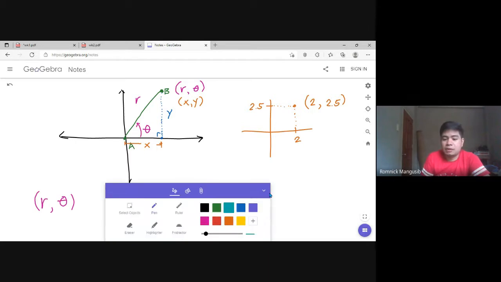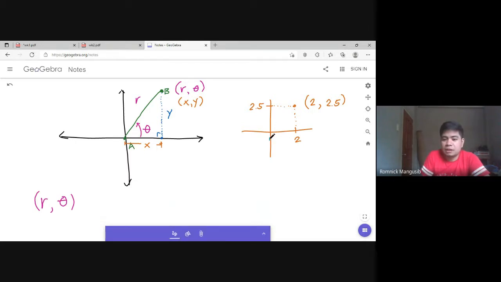Kaya mapapansin nyo dito, ang distansya ng 2 na yan ay nire-represent nito. At ang distansyang 2.5 na yan ay yun yung nire-represent naman nito. So, ang layo nila from the origin to the right ay 2 units. Layo from origin upward, 2.5 units. Kaya nga, ang sabi ko kanina, distansya x and y.